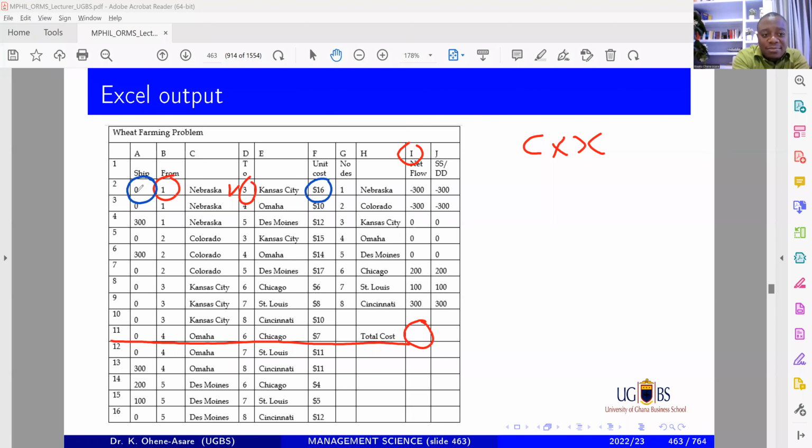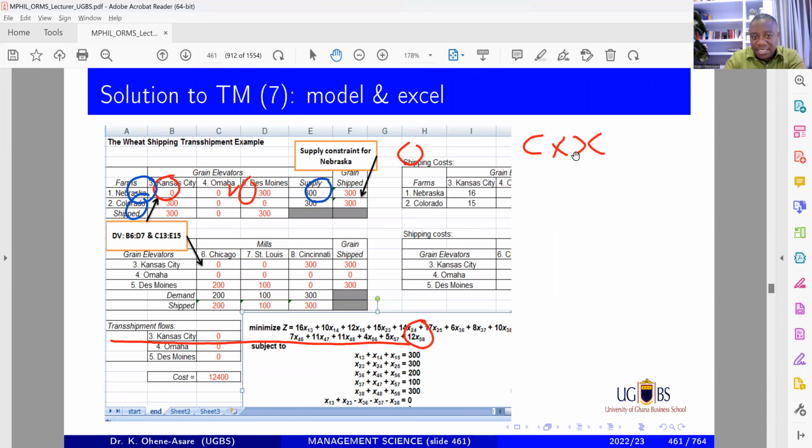Then this second one is when you are shipping from Nebraska to Omaha, if you can check. And the item is the 0 here, but we are going to define that with a cell. So this first one is cell A2, and you're going to multiply that by the coefficient, which is a C. Once again, if you check your objective function here, you will know.